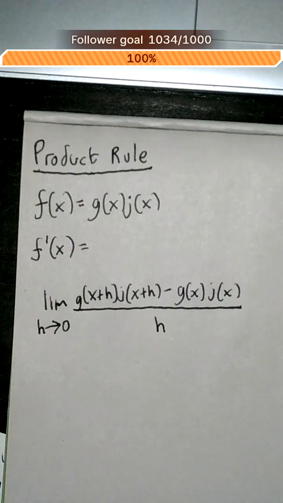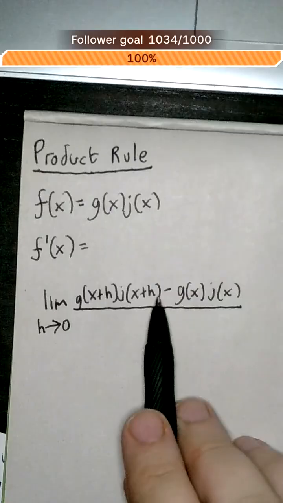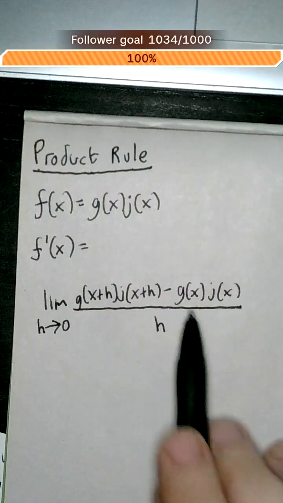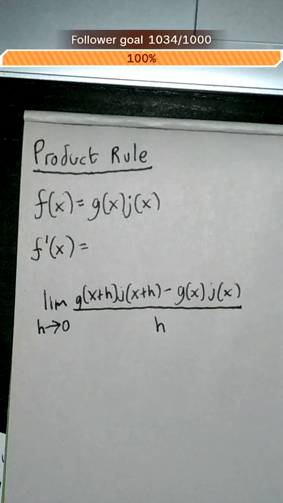So from here, I'm going to add and subtract something. By doing that, I'm not actually changing its value, but I'm going to add and subtract something so that I can factor something that might help us later. And here, what am I going to add and subtract?